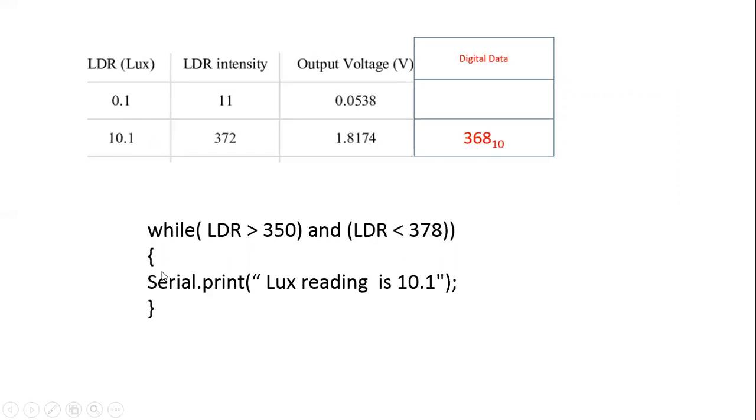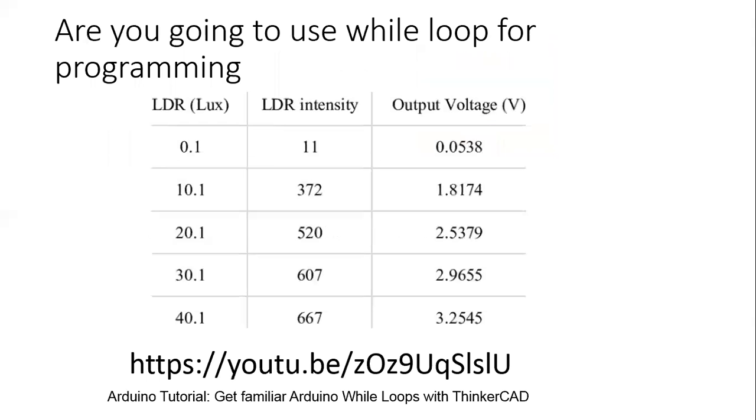So this is how we collect the digital data so we are able to put it into our programming. This data helps us to convert or translate the analog data information into the human data that we want.